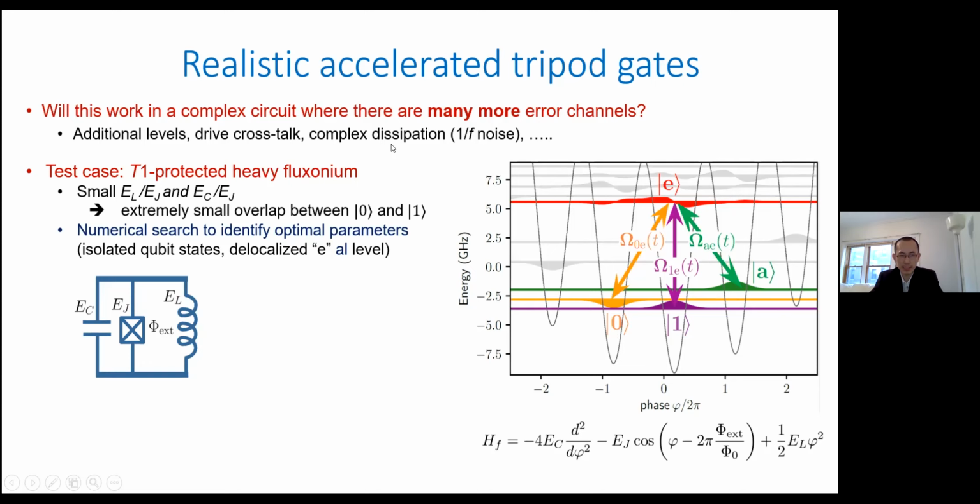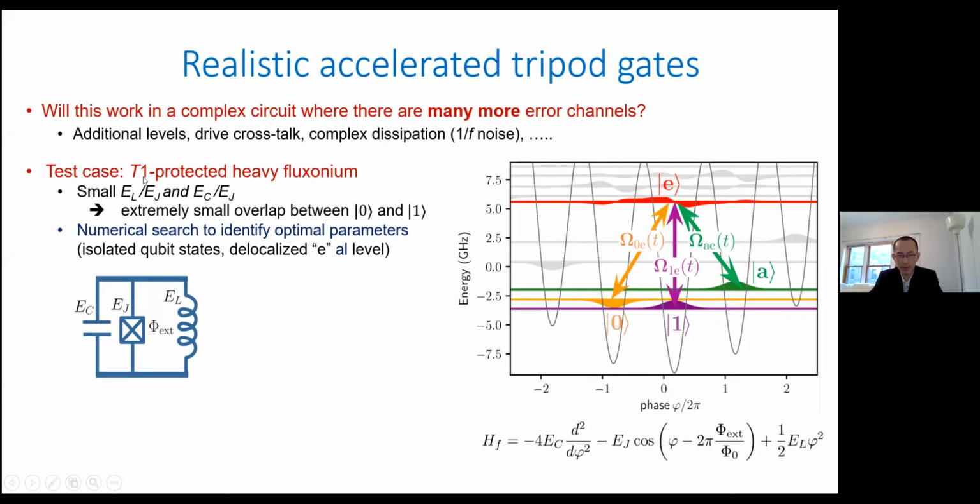And in realistic systems, we also need to take into account dissipation. So the question here is, can we still use the SATD pulse that we designed for few-level systems and have the advantage preserved when we apply it to realistic systems with many levels?